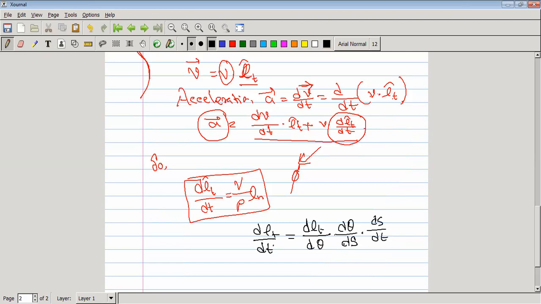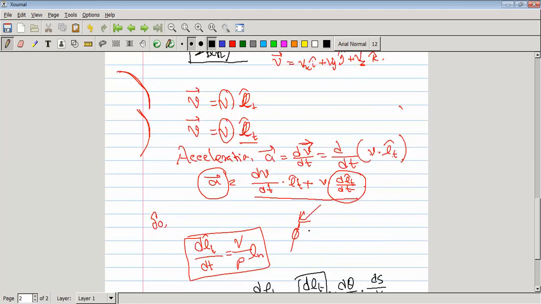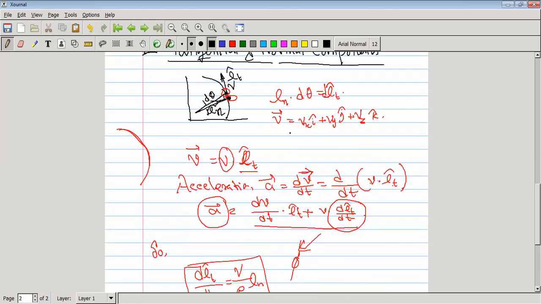Now det by d theta is nothing but the unit vector en, na?